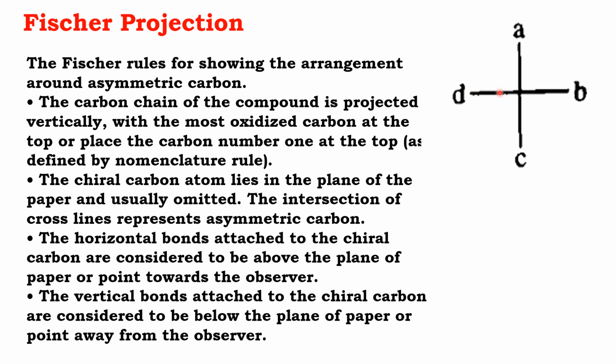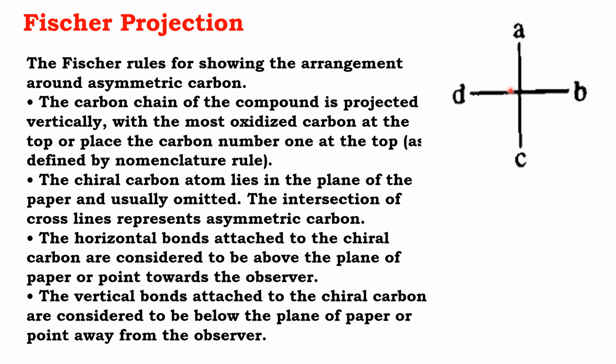When we consider the horizontal bond, we say this is above the plane of the paper, or this bond is projecting towards the observer. That is, the horizontal line represents that the constituents or atoms present on the horizontal lines are pointing towards the observer.